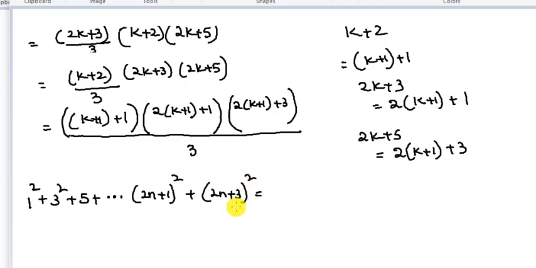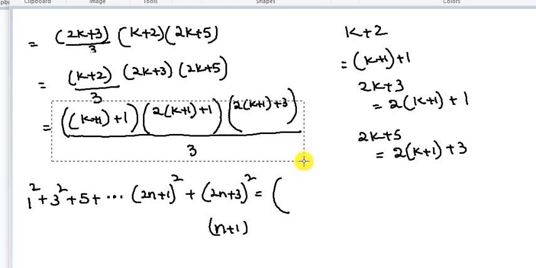Remember, this is the n plus 1 term, and it can be written as what we derived, right? See the matching.